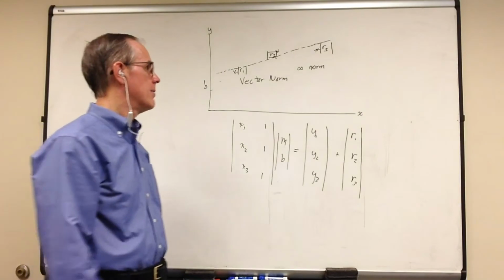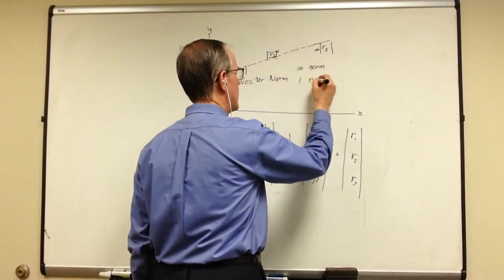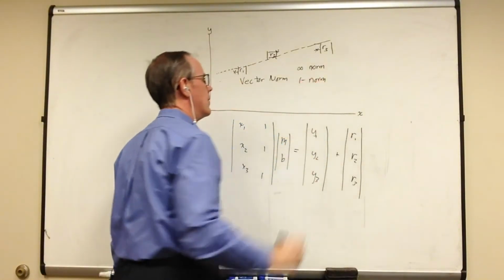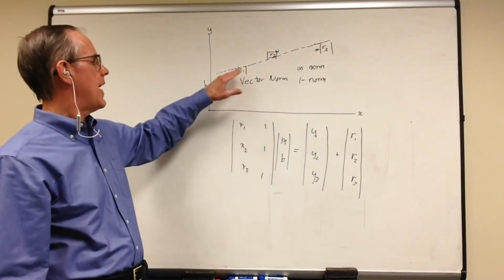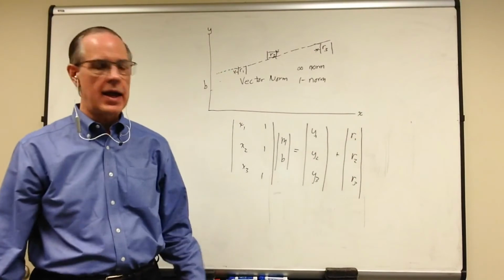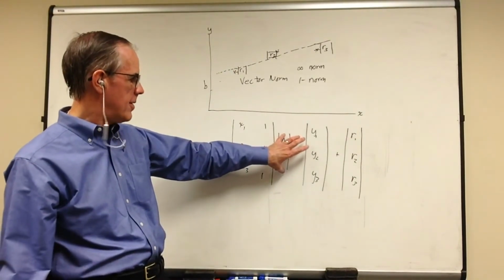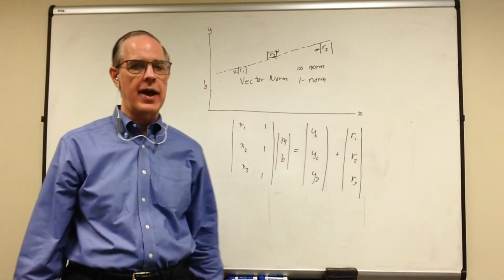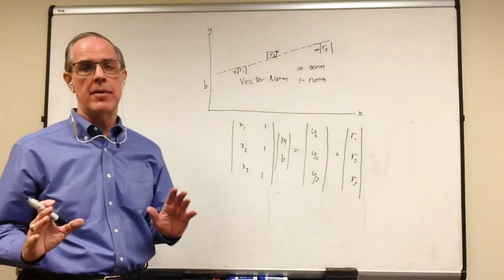The second thing is a one norm. A one norm is where I take the absolute value of these and I add them up. And I try to find a combination, in this case m and b, or whatever parameters I have here, such that that will be a minimum.